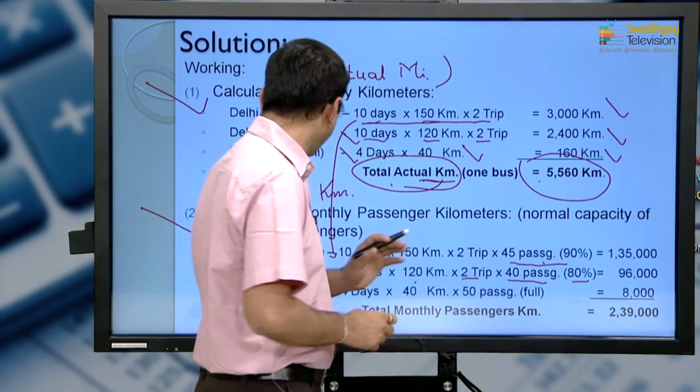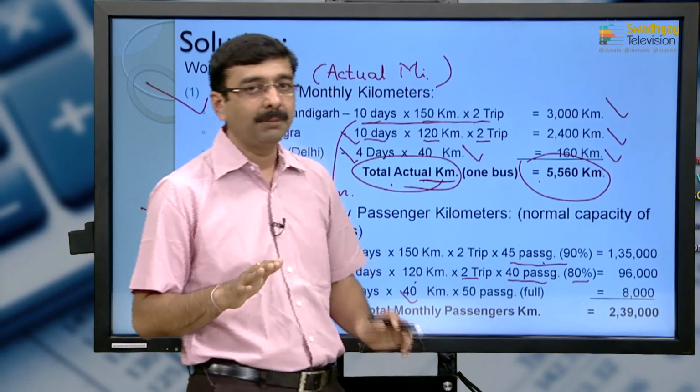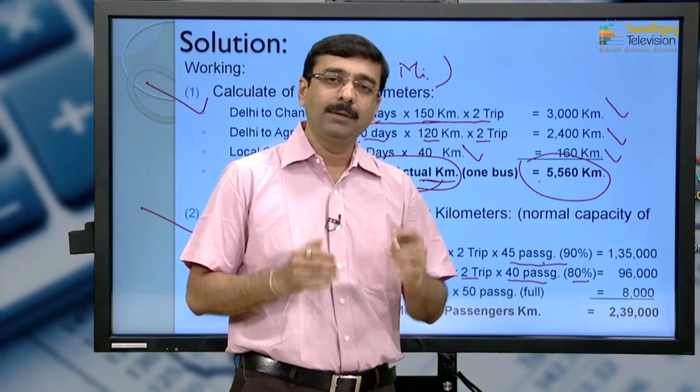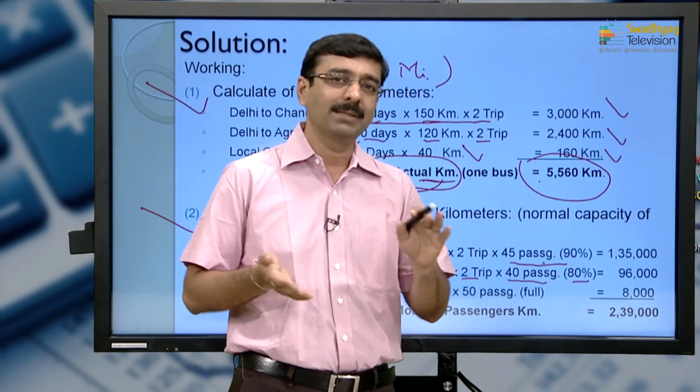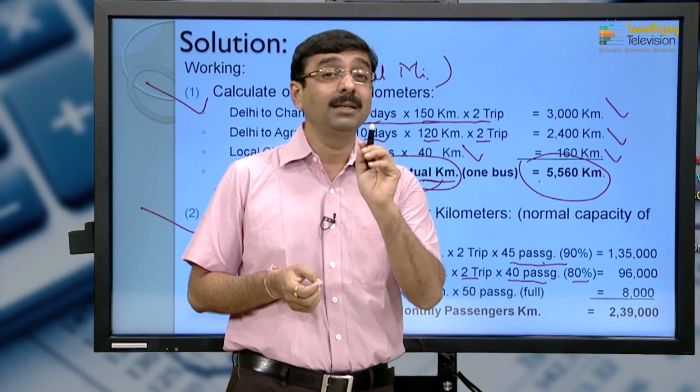All right. Moving to the third, the local city Delhi. It works 4 days, and the 40 kilometers is the same as it is. Only the multiplication with 50 passengers changes, because it works at full capacity. It means the total capacity carried by the bus is 50, and it works all 4 days with full capacity, with all 50 passengers there. That is something new.